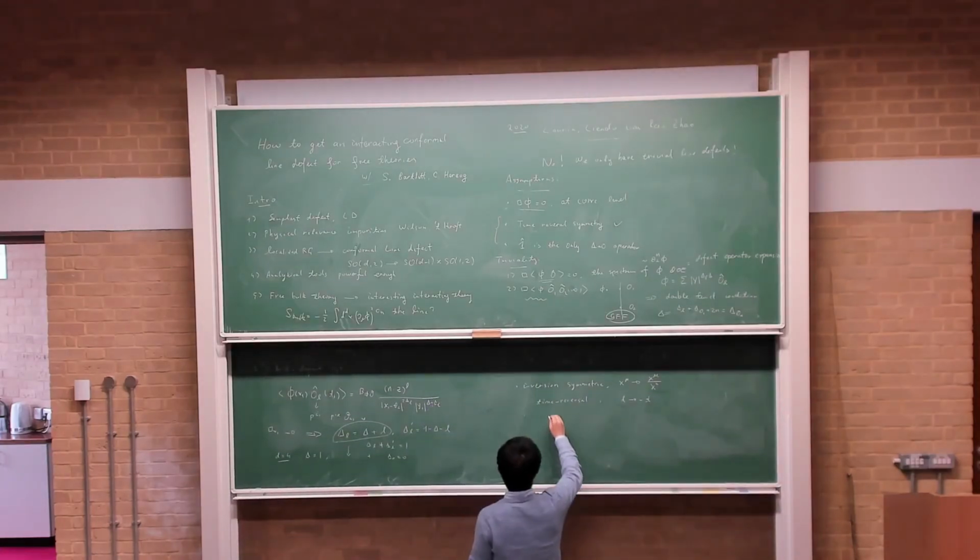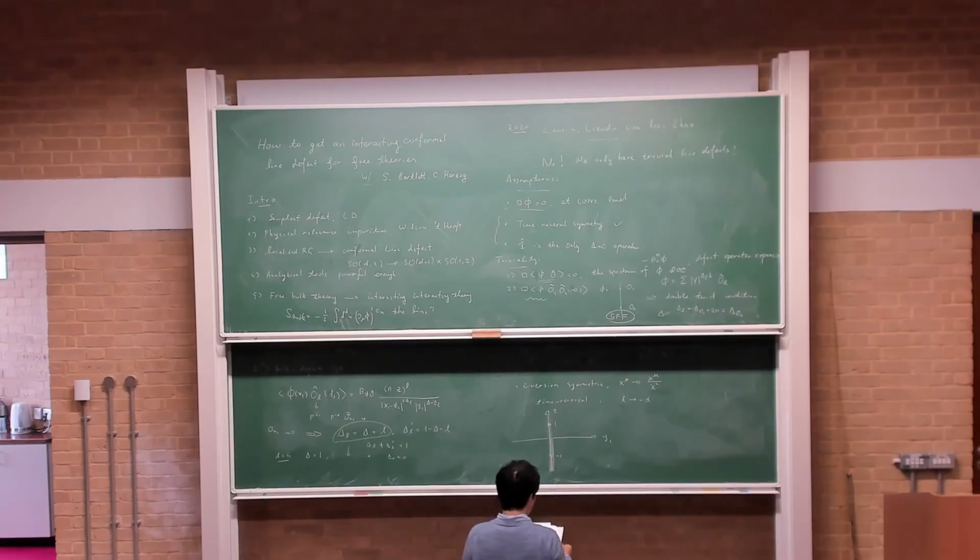Let's pick a special case such that T2 is at 1 in time, but 0 in x, of course. So the line defect is along this line. And T3, let's put it at -1.